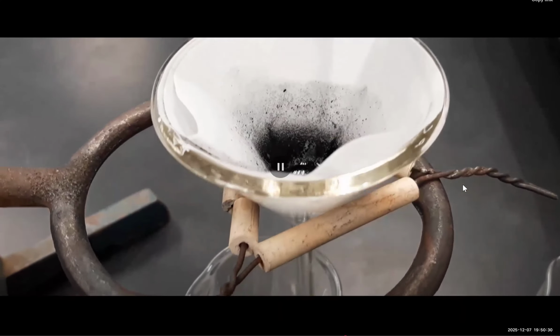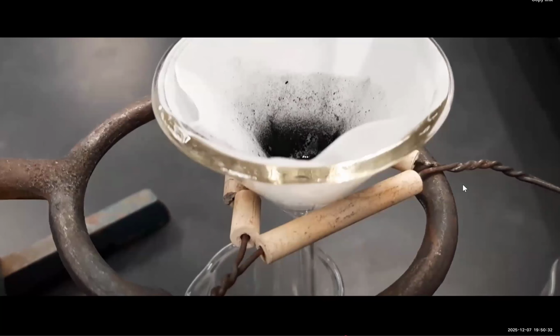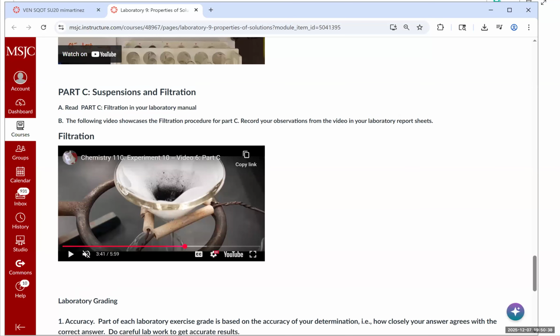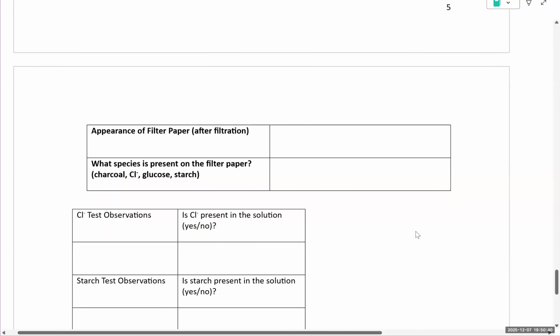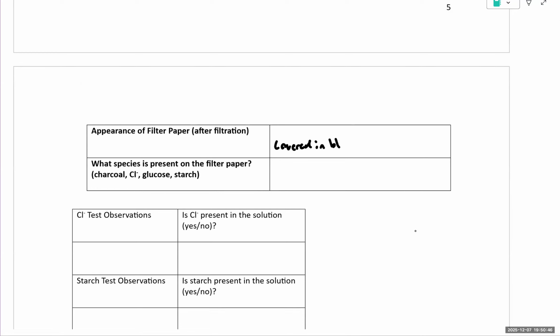After several more minutes, let's take a look at our filter paper and see what we can see. As we can see, the filter paper has been covered in the black solid. The appearance of the filter paper after filtration: it's covered in the black charcoal particles.